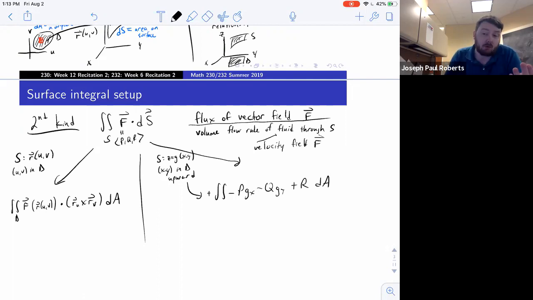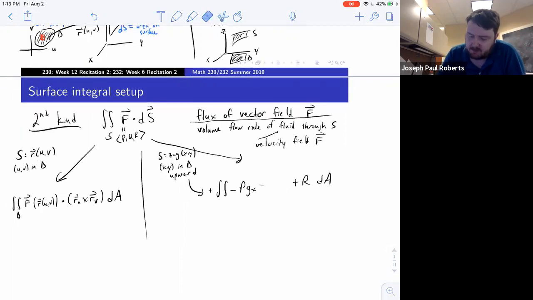And so if you were to go through it, set up r of x,y is x, y, g of x,y, do these partials, do the cross, then do the dot product, you get this formula. And so I think it's a good idea to memorize this formula and get used to using it and get comfortable with it as much as you can. So let me try to write that a little bit nicer.